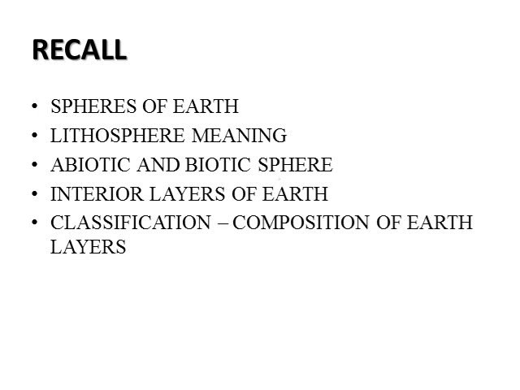So based on the living factor, it was classified as abiotic and biotic factors. Biotic factors, where the living organisms exist, it was called the biosphere. So abiotic factors are what? The non-living factors which support living factors are called abiotic factors. So abiotic factors include lithosphere, hydrosphere, atmosphere.